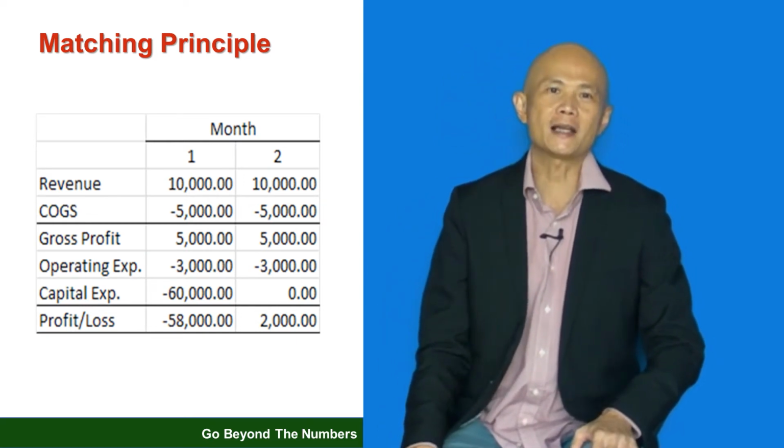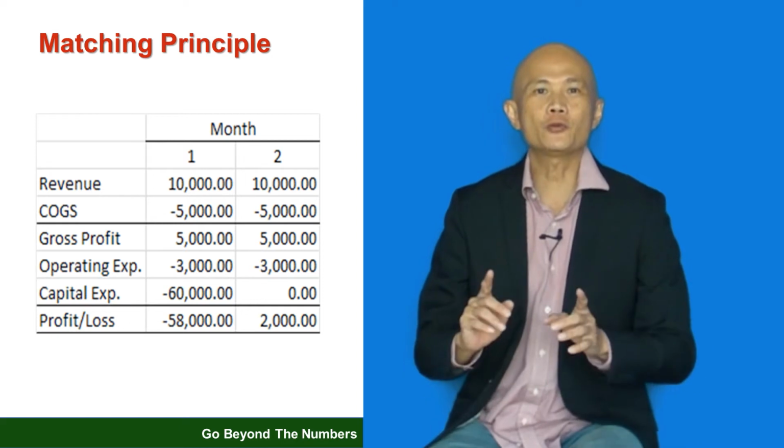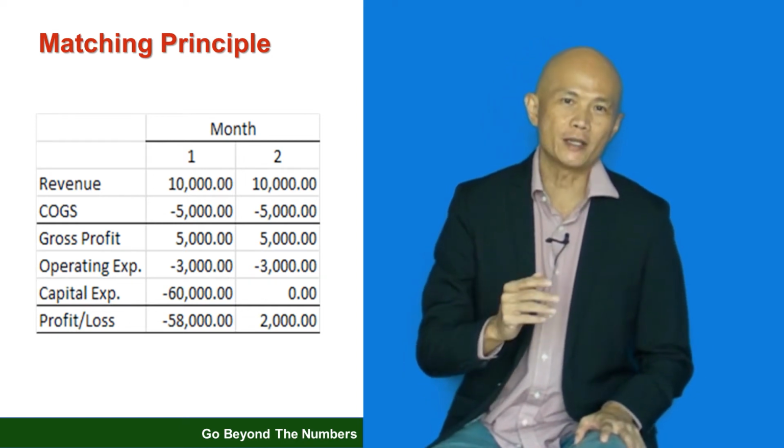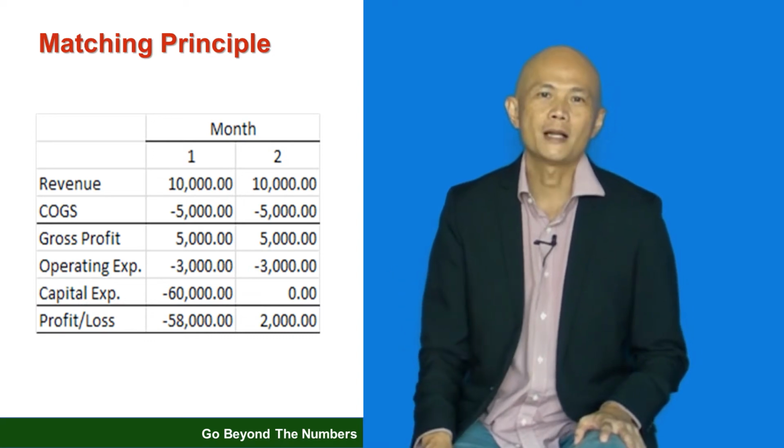Now, the question I ask is this. Is that good accounting? Have I properly matched expenses with revenue? If you look at this illustration here, the answer is clearly no. And that's a very interesting thought, because what you're saying is, I'm using the truck to get revenue in month 2, but I have no expense related to the truck in month 2.